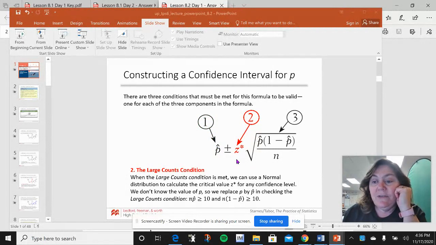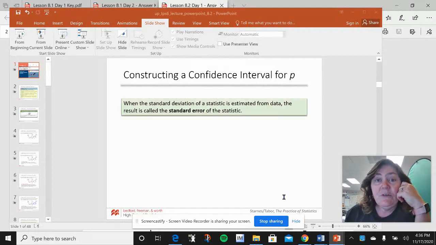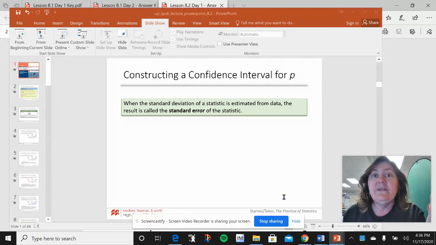This is where we can only use Z, the normal distribution, if it meets our large counts, which we talked about too. And then the 10% condition says I can use my standard deviation formula, and that's where your sample is less than 10% of your population. Again, we've talked about those. So before you construct a confidence interval, you must check those 3 conditions.